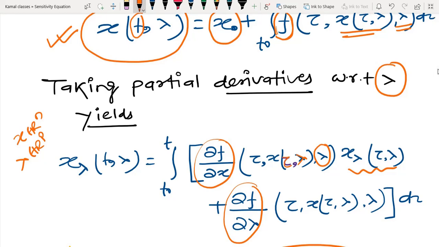So here the differentiation of the integration comes into the picture. Differentiating this definite integral, how basically we are doing it: we substitute t wherever tau is there, and after that dou t by dou t is unity.